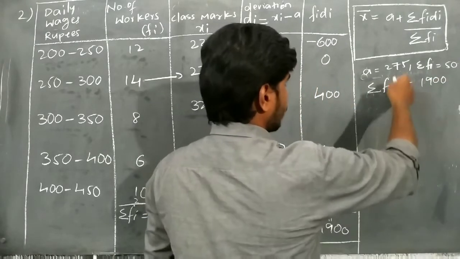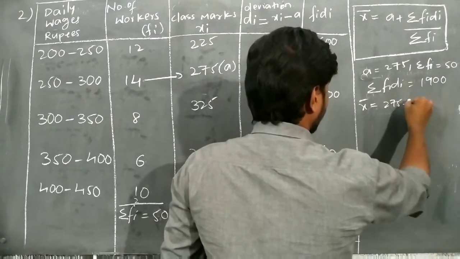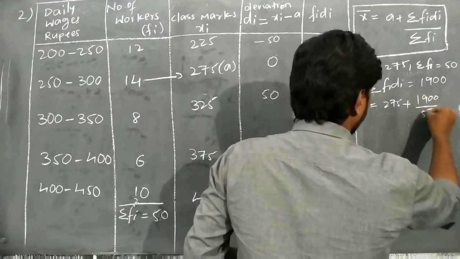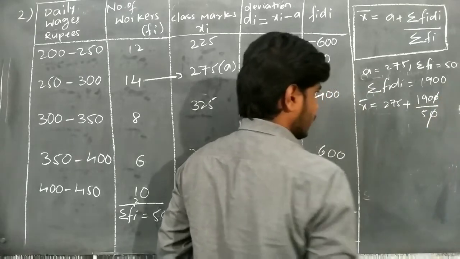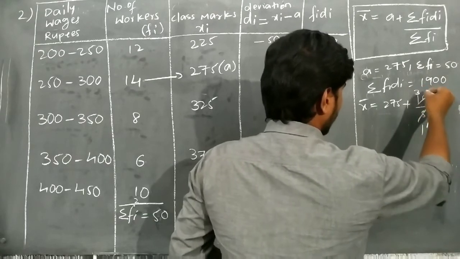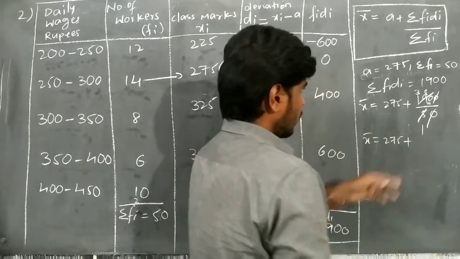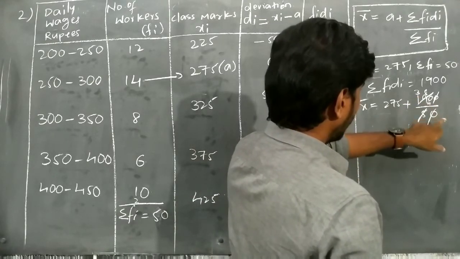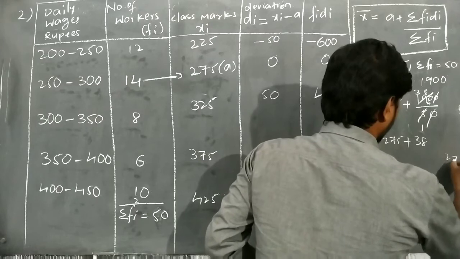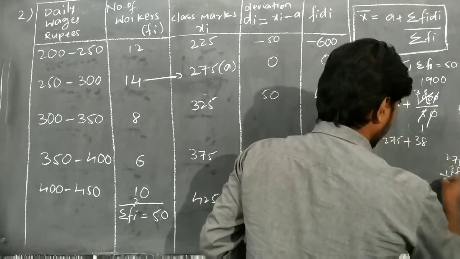Now we have to substitute these values in the given formula. x bar is equal to 275 plus sigma fi di 1900 by 50. The 0 and 0 get cancelled, and 5 ones are 5, 5 threes are 15, 4, 8. Okay, so x bar equals 275 plus 38. 5 threes are 15, remaining 4, 5 eights are 40. Okay, so 38. Now 275 plus 38: 13, 10, 11, 313.